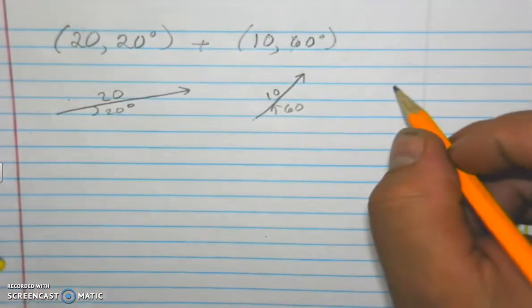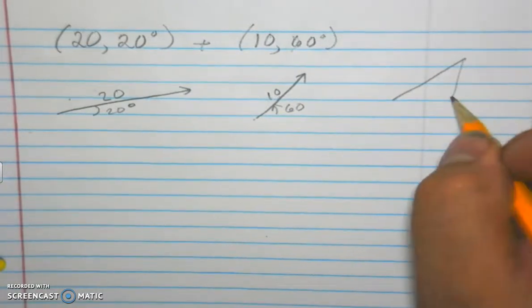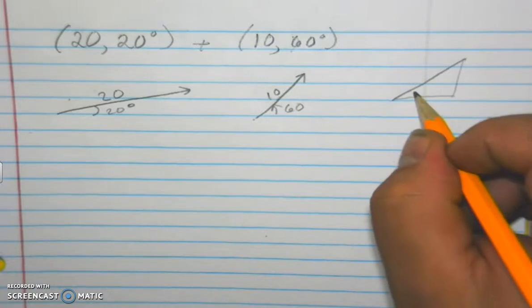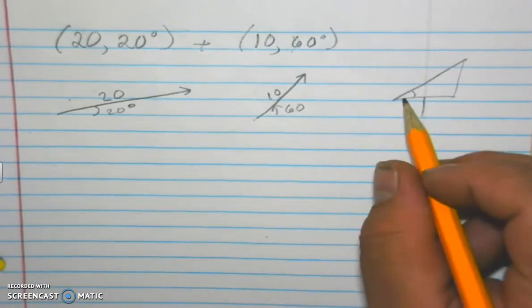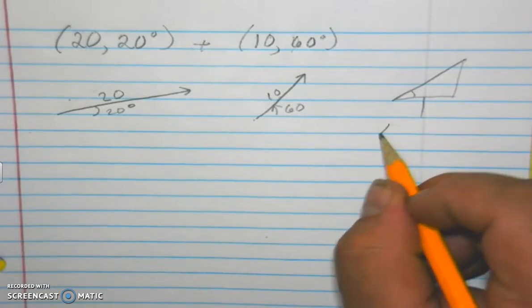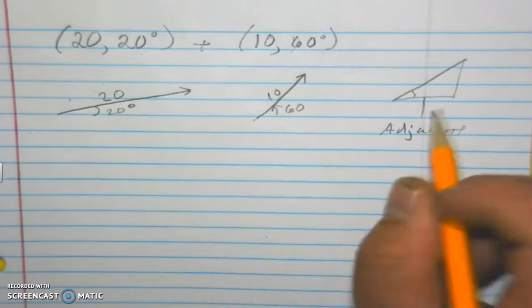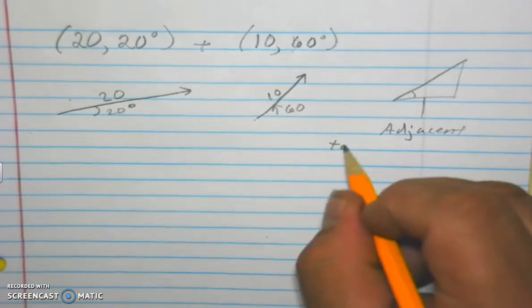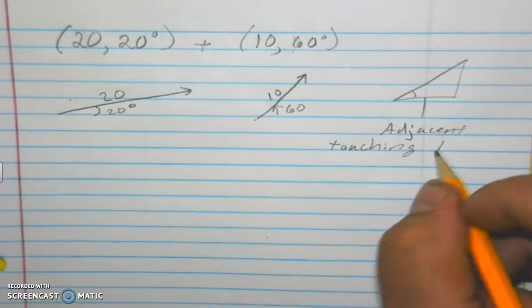So on a triangle, that is the adjacent, it's touching the angle.